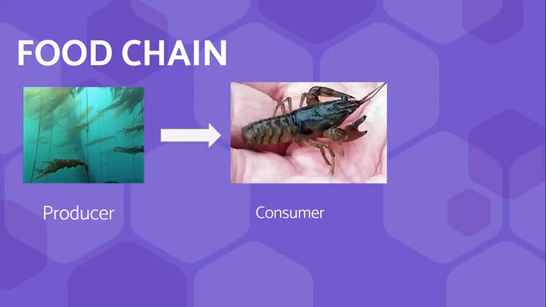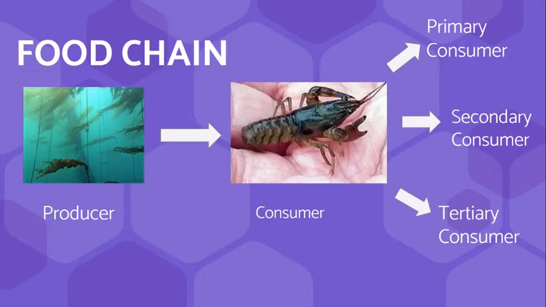Producers become the source of food for other organisms in an ecosystem. Other organisms, like the crayfish, cannot produce their own food. It is called a consumer. A consumer obtains energy by feeding on any other organism, typically a producer.